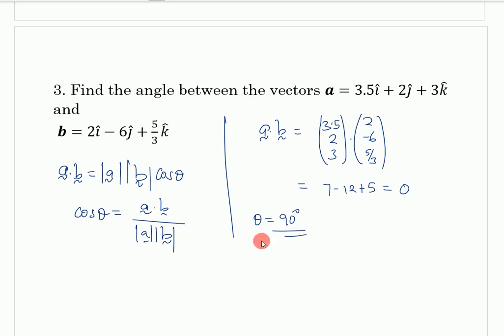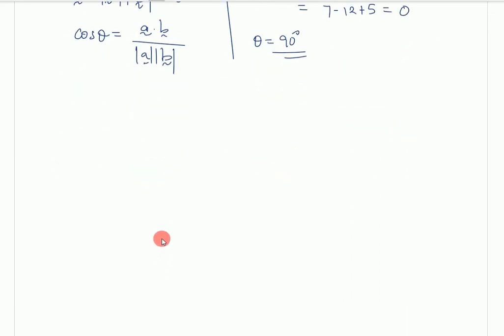Once you have the dot product equal to 0, you know the angle between the vectors is 90 degrees. So this dot product is 0. That is an indication that the two vectors, this and this one, are orthogonal. They are perpendicular to one another. That is what we have there.